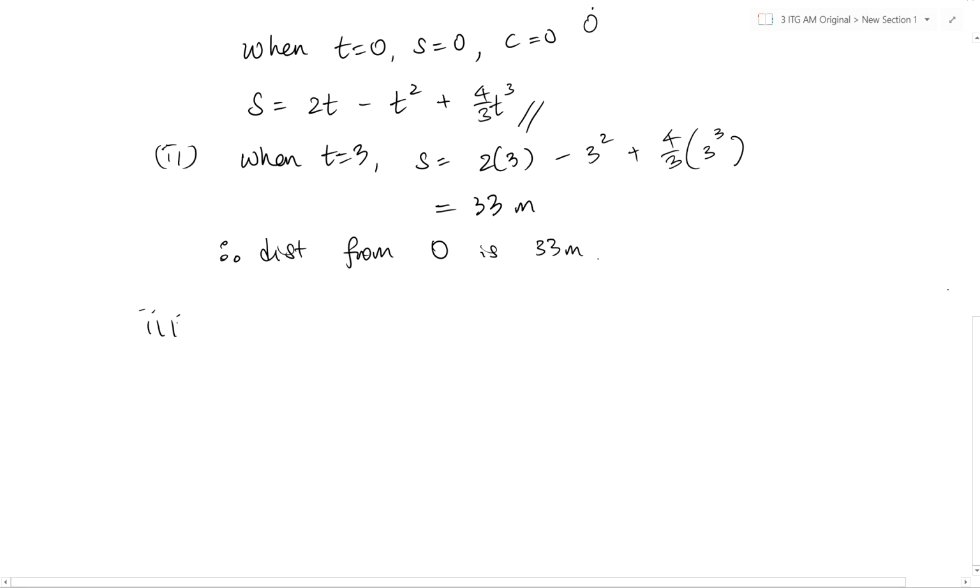So next part 3. Total distance traveled by P in the first 6 seconds of its motion. Whenever they are asking for total distance traveled, you have to be very careful to check whether there is any turning point. Because as seen in chapter 16.1, turning points, when a particle turns, the total distance will not be as straightforward as simply the displacement.